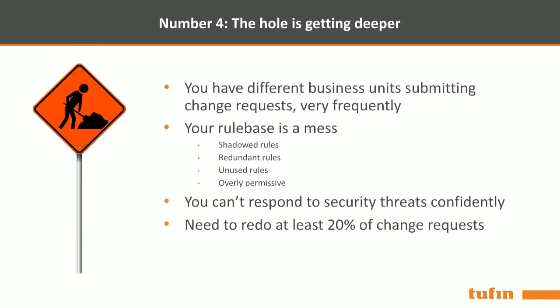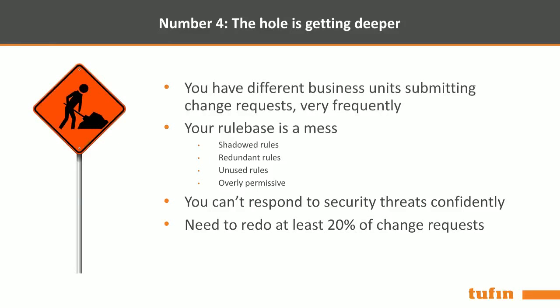Number 4 is that the hole is just getting deeper. The requests are increasing, and most organizations that we run into, their rule bases are really a mess. A lot of shadowed rules, redundant rules, unused rules, and overly permissive rules that are compromising security and also really slowing down the change process.